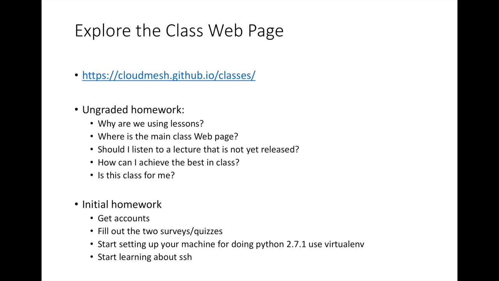The class is posted at this particular web link, and everything is hosted on GitHub. This allows you to contribute to the web page and get acknowledged via your GitHub accounts. Some of the homework is directed towards you actively contributing to this.